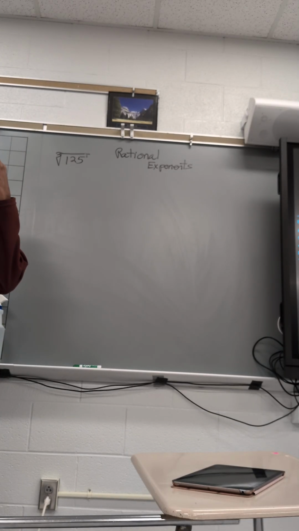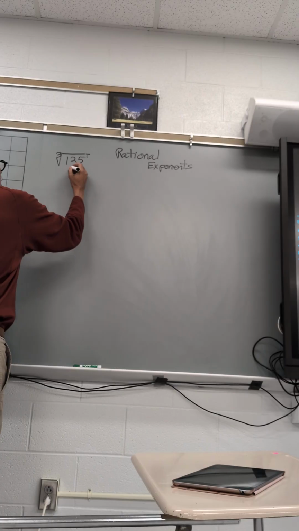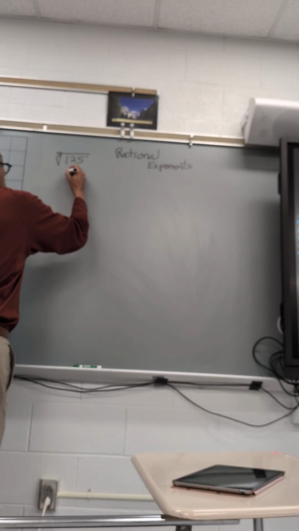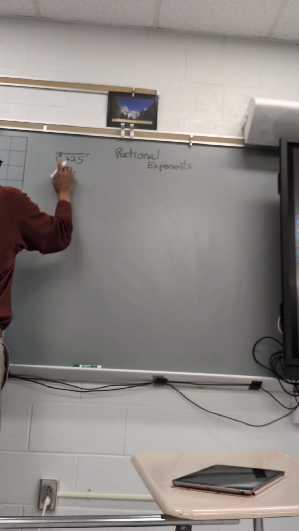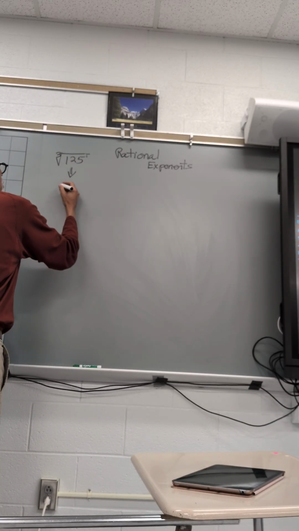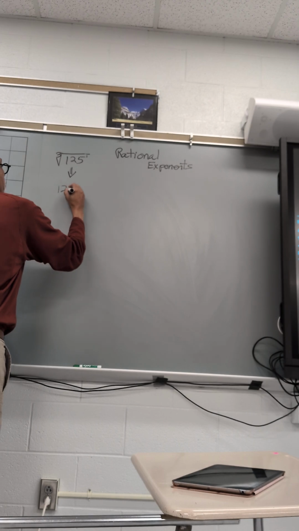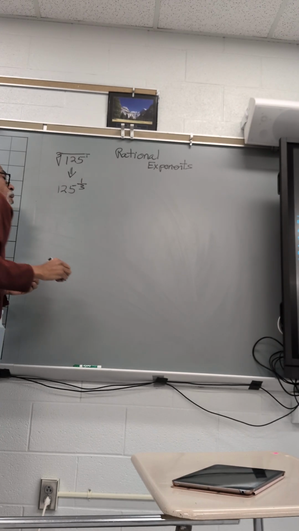And that's going to help us, because a radical expression can be translated to a rational exponent. The equivalent of the cube root of 125 is 125 to the 1/3 power.